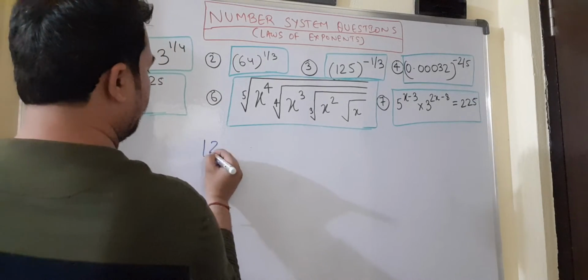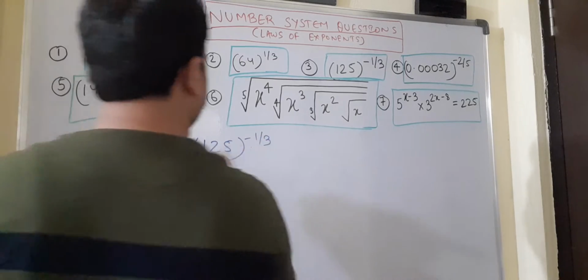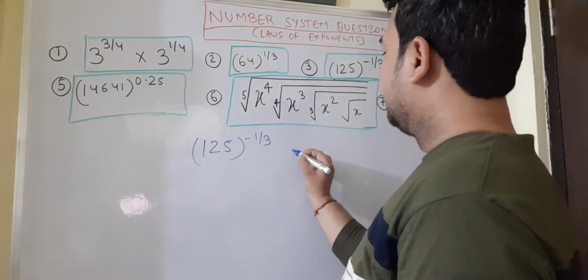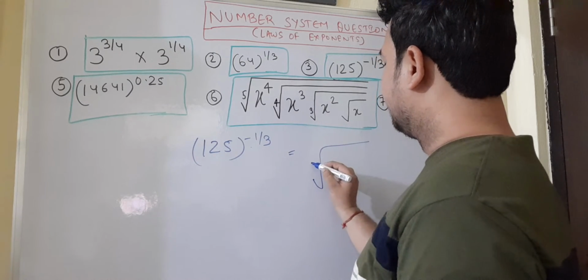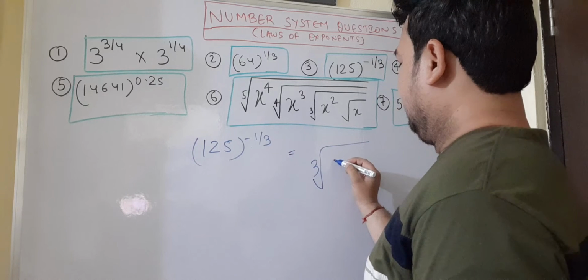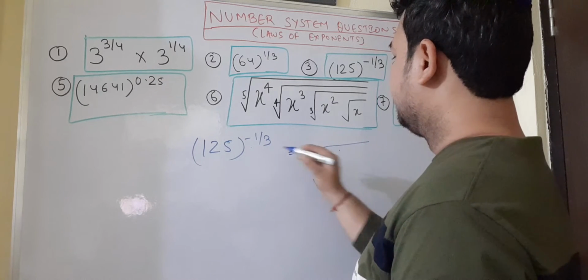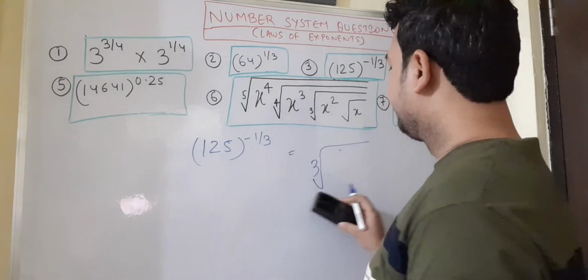Next is 125 raised to the power minus 1 by 3. If you convert it, this is just to make you understand: minus is inversion. You can invert it inside, you can invert it outside also.